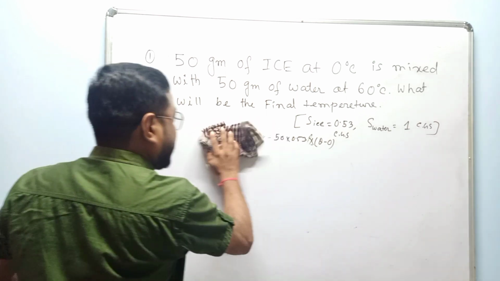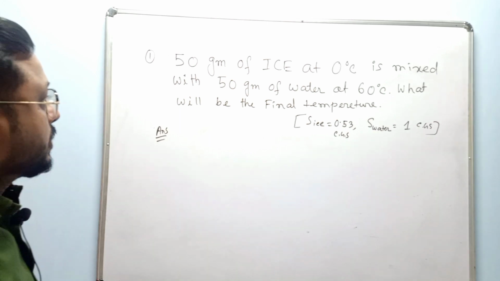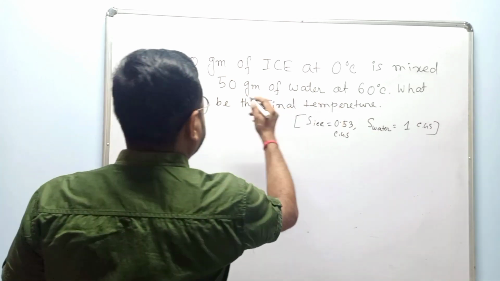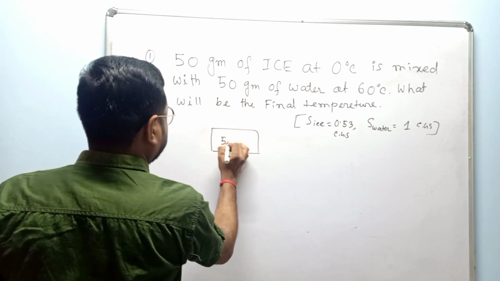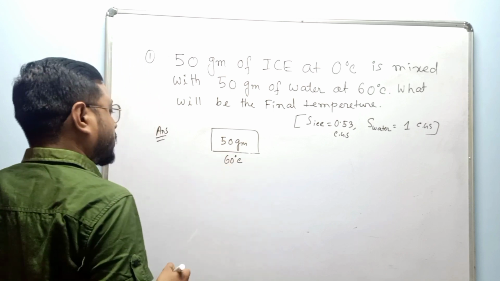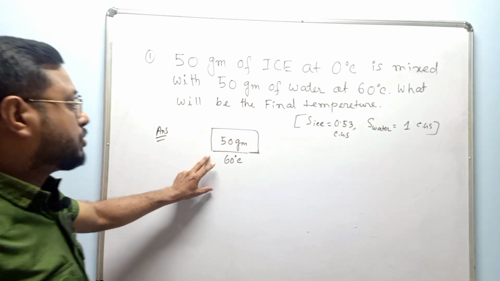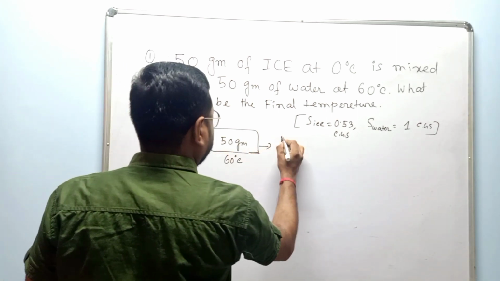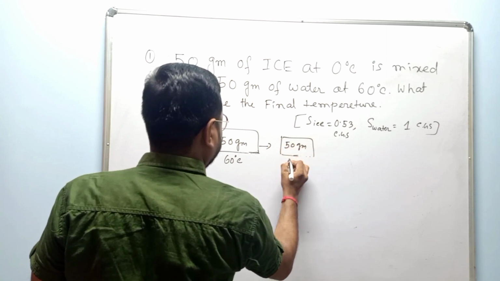Because at first we shall think about what happens. We should understand this. There is 50 gram water at 60 degree centigrade. When you add ice to this, it will lose heat and become 50 gram water at 0 degree centigrade.